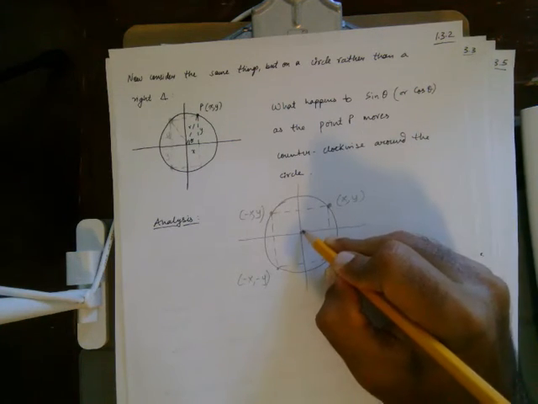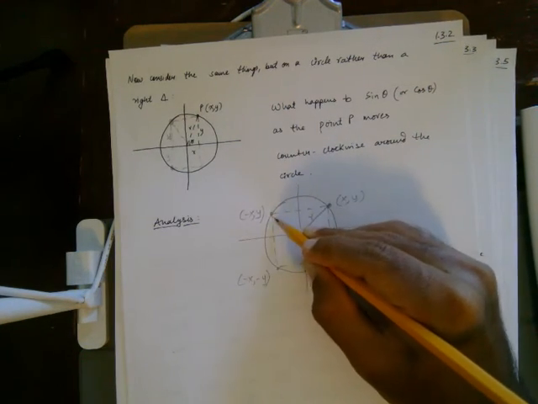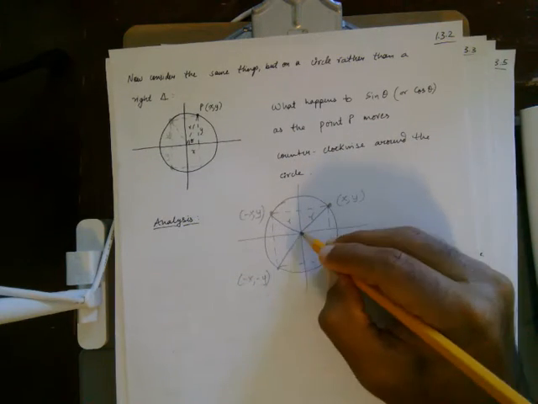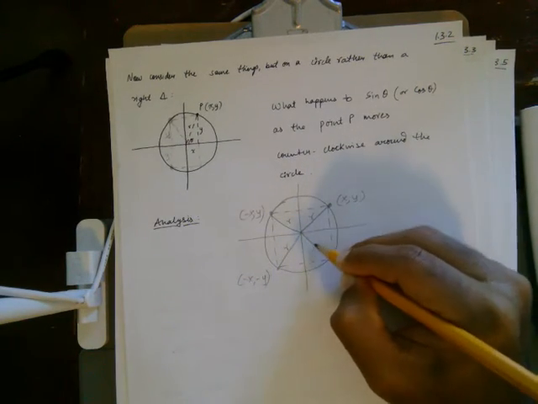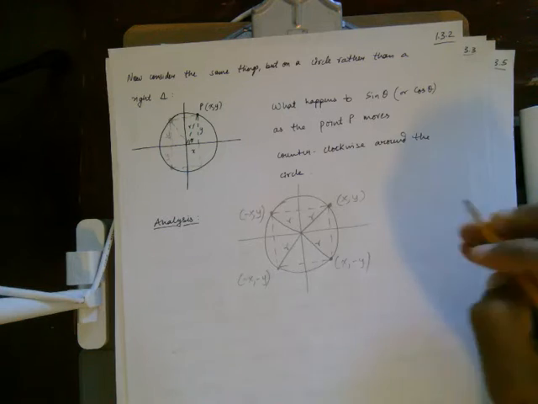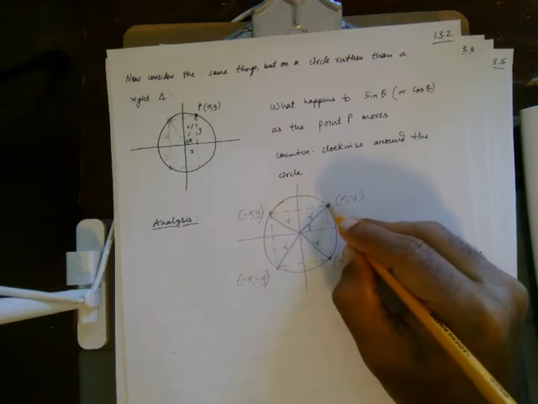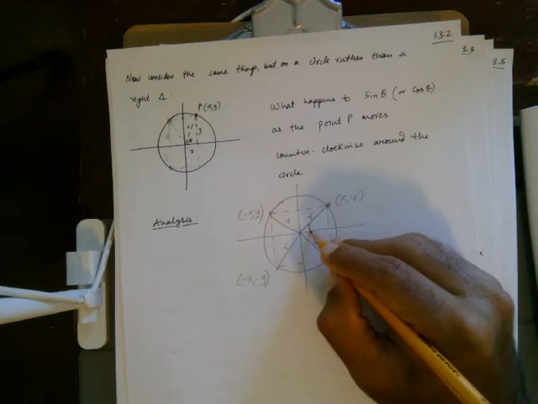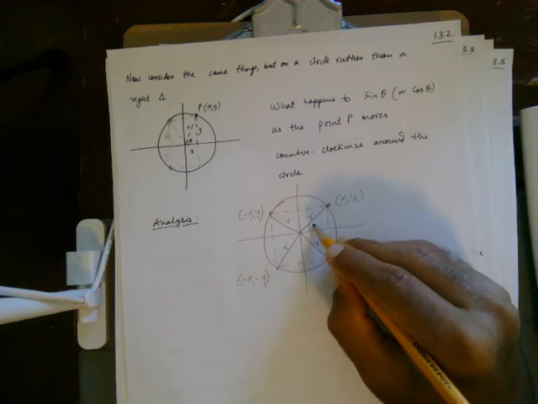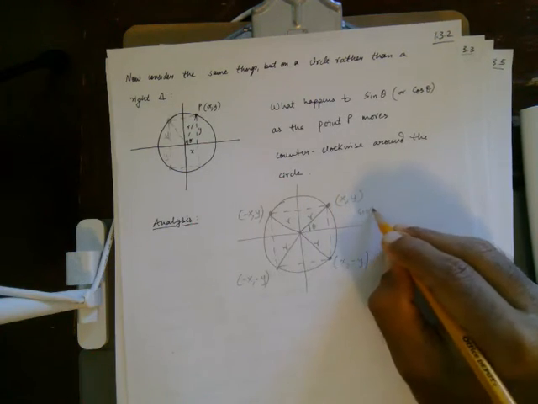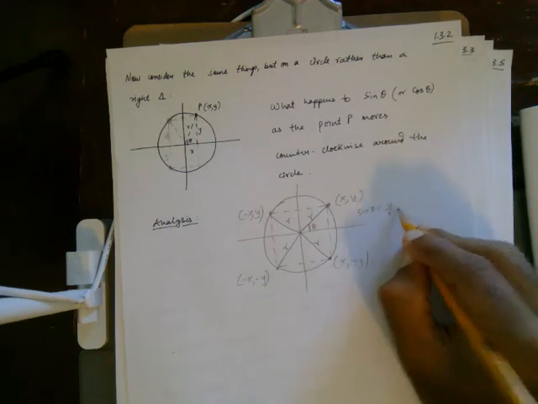Now the radius is always the same. So if I look at this angle and I look at the sine of this angle, right? Let's say I call this theta. Sine theta is going to equal y over r.